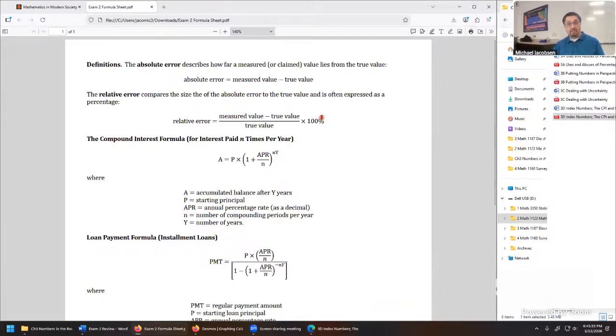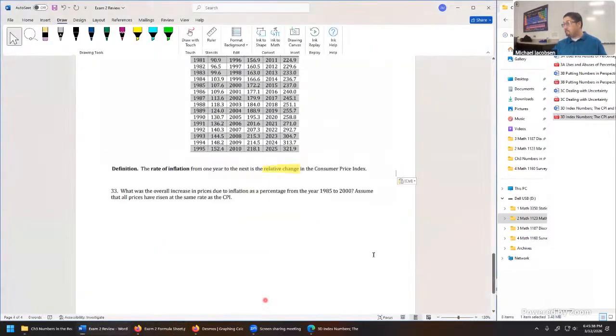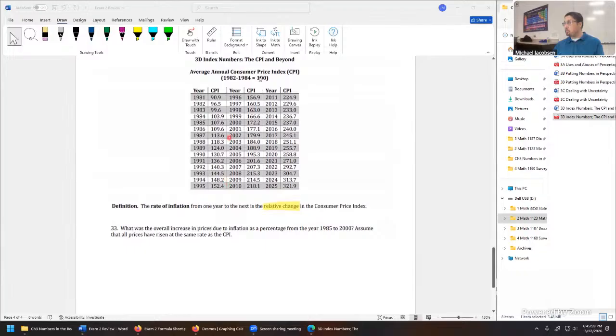We're not talking about error any longer, but same sort of structure. So as we go to look into this problem, it's asking, what was the overall increase in prices due to inflation as a percentage from the year 1985 to 2000? We're assuming all prices have risen at the same rate as the CPI. And so this rate of inflation can be inferred through the CPI table, Consumer Price Index.